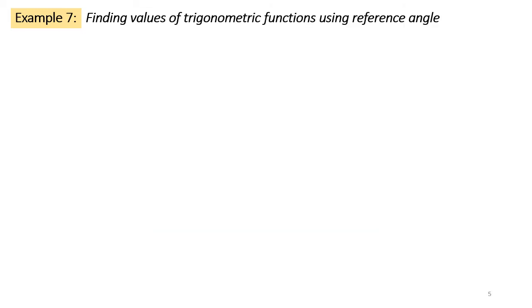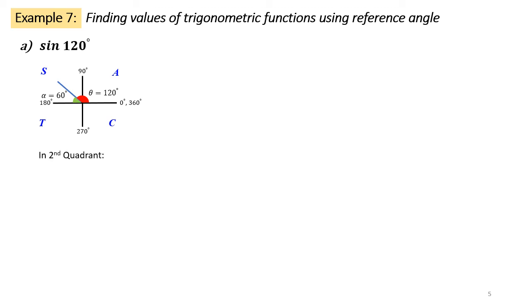Next, we are going to find the values of trigonometric functions by using reference angle. Given sine 120 degrees, how do we calculate this? By using the reference angle. First, we have to determine the location of theta. Theta is equal to 120 degrees and will be in the second quadrant. We know that in the second quadrant, alpha will be 180 degrees minus theta. So we will have alpha is equal to 60. And we also know that in the first and the second quadrant, sine theta will be positive.